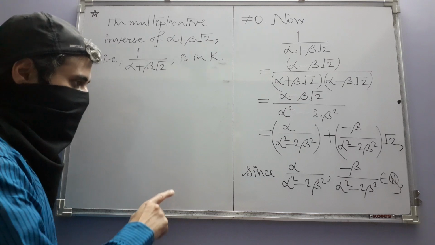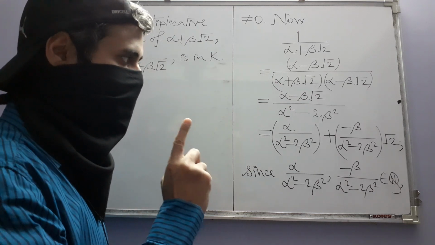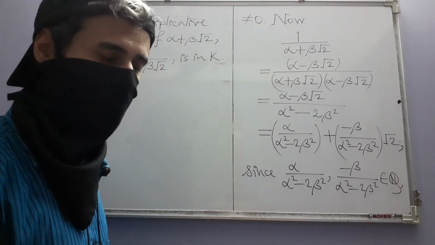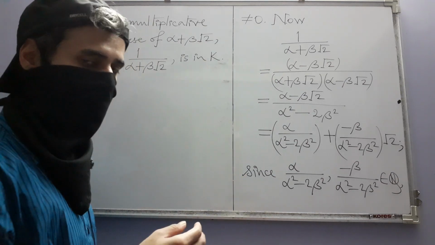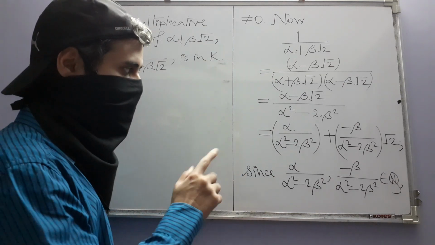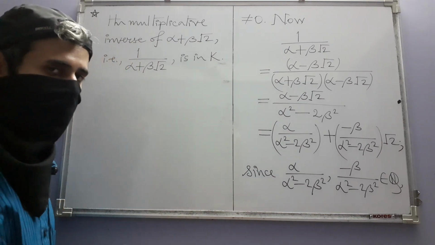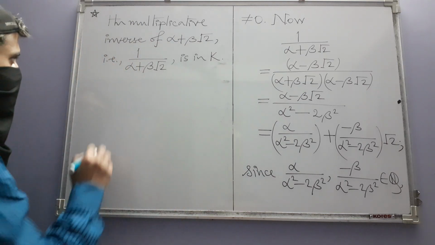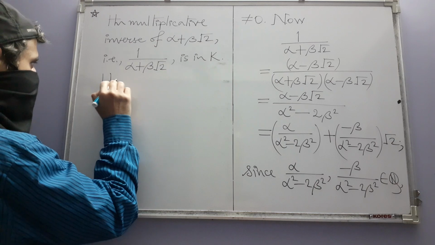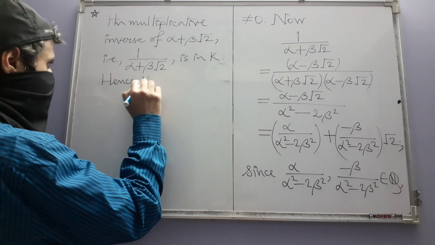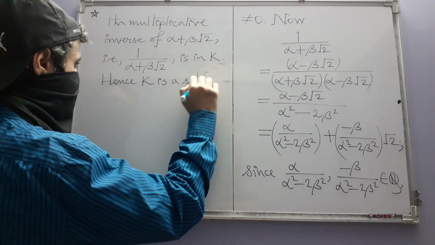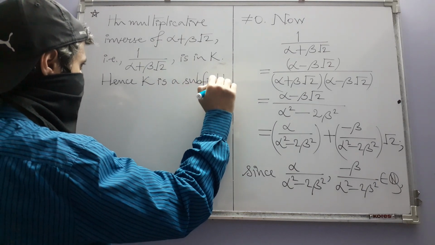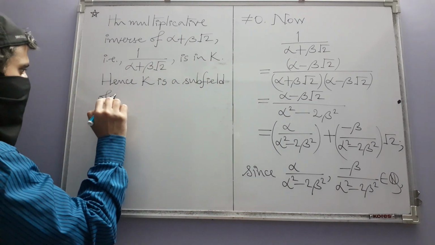Then we also showed that the unity in R, which is the real number 1, belongs to K. And finally we have shown that any non-zero element in K has a multiplicative inverse that is again in K. Yes, that's it. Hence, K is a subfield of R.